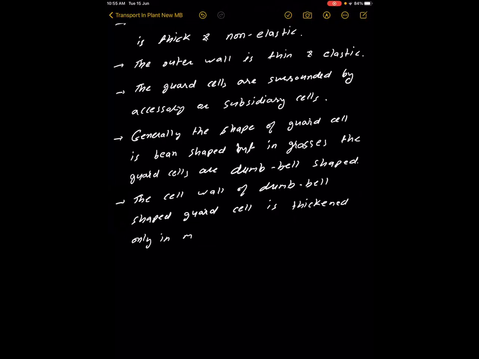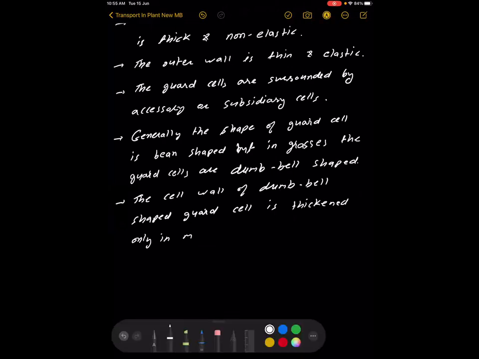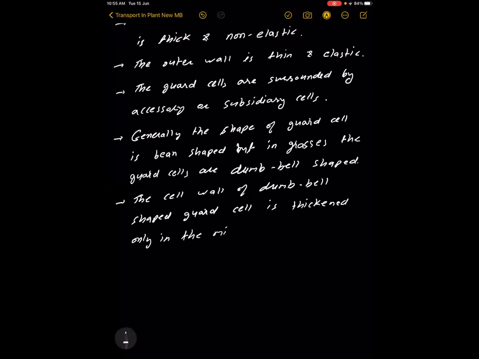And in dumbbell shaped cells, the thickening of the inner cell wall occurs only in the middle.